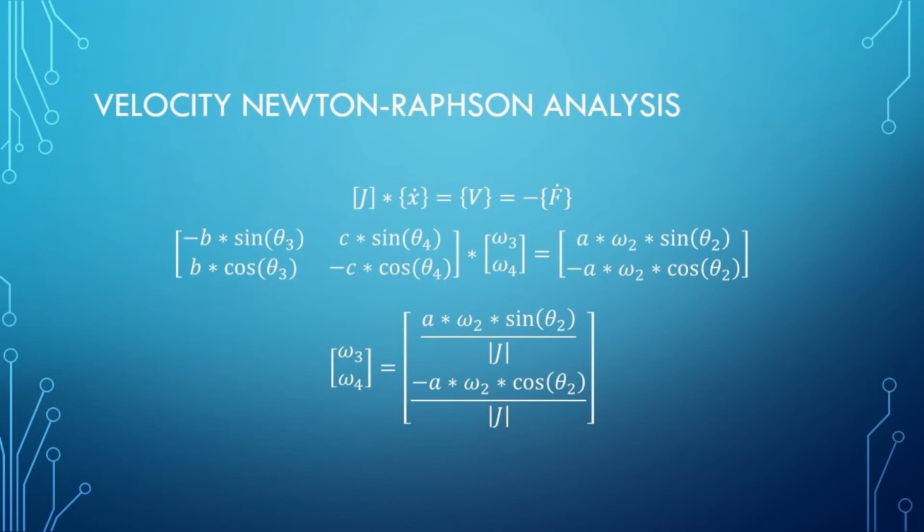For the velocity portion of the Newton-Raphson analysis, we took J times x dot equals v, our v vector, so x dot equals omega 3 and omega 4. So we took our V matrix, calculated that, and then divided by the determinant of the J matrix to get our omegas.